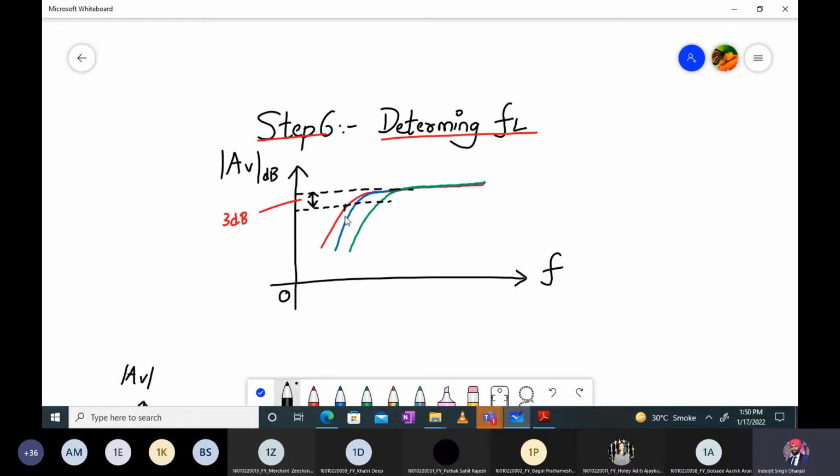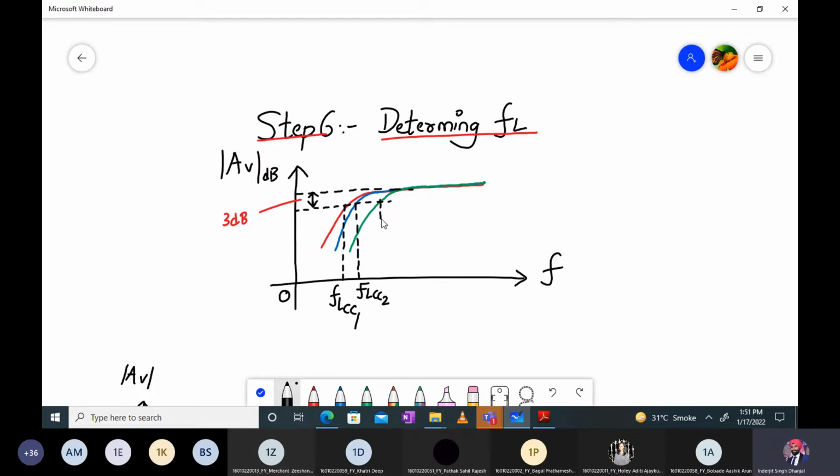Let me mark it from here in front of you. So I will extend it down. So this is due to, let's say, FL of CC1. Next I have a cutoff frequency down, and this one is due to FL of CC2.